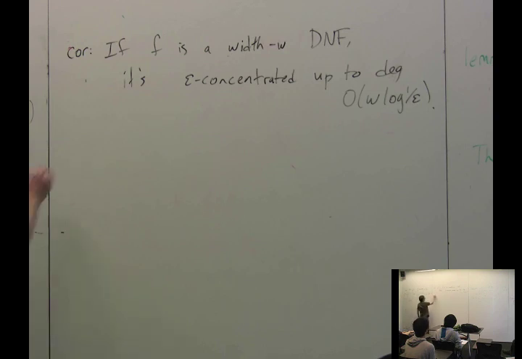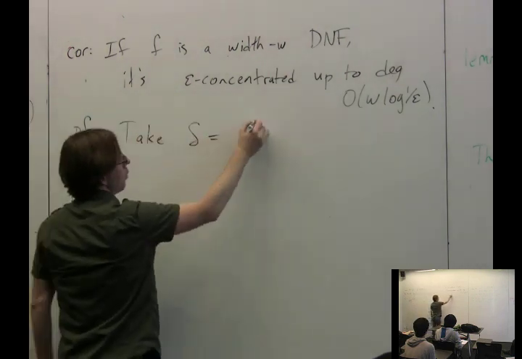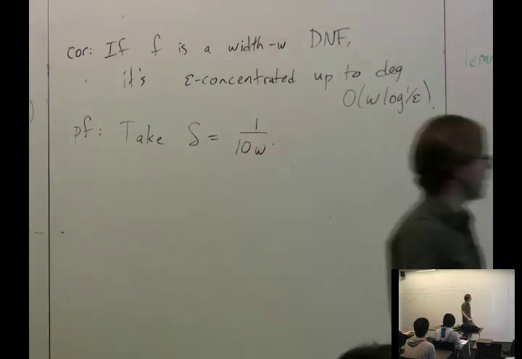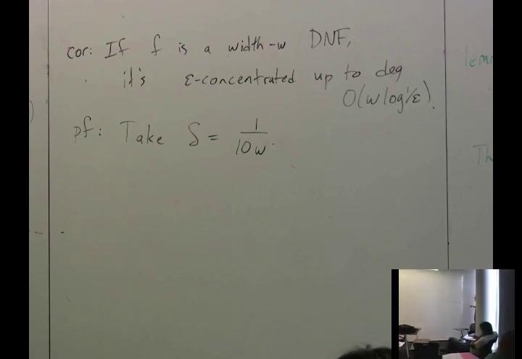The proof of that is just, I think you should take delta to be a little bit less than 1 over the width, so 1 over 10 times the width. And so you see, when you do that, this thing becomes a half. So you get that the probability that the random restriction needs decision tree depth k is like 2 to the minus k.